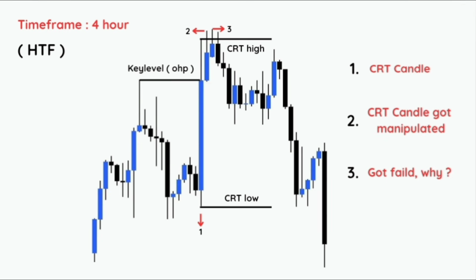And note one more thing, after the second candle manipulated, the third candle has not started to distribute and it has failed by purging the second candle. If you see the image clearly, you will get it. Now let us see why it has happened and what's the reason behind it.